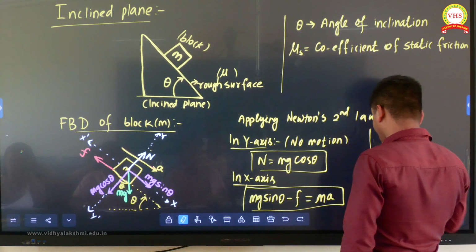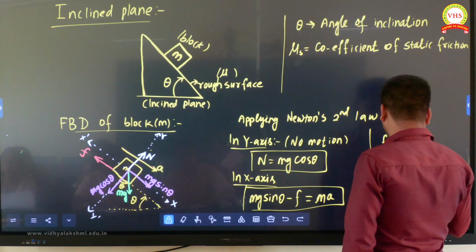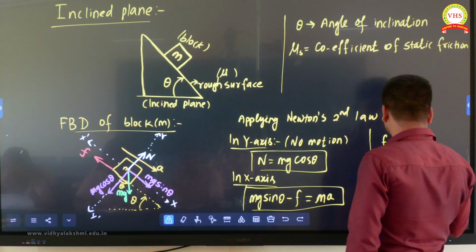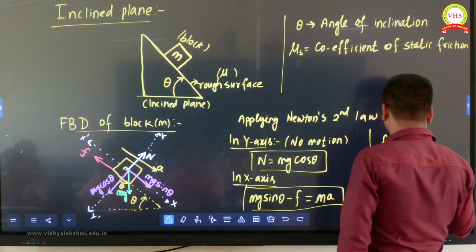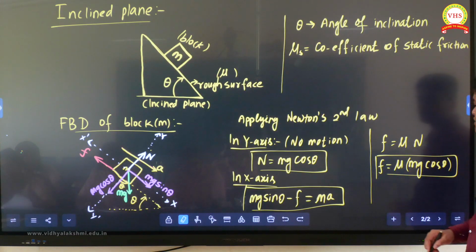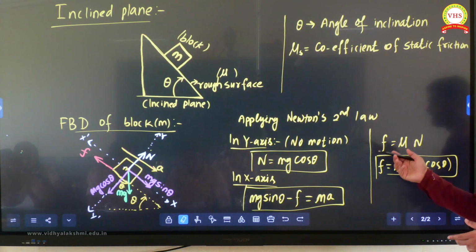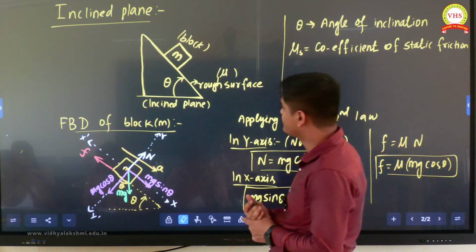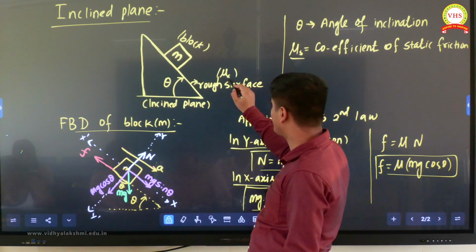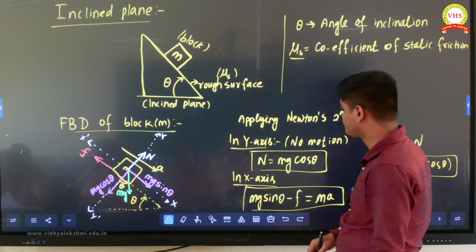Now I can write here mu into N, and N value is mg cos theta. So friction value I can get as mu mg cos theta. Yes or no? This friction you can take as static friction, mu s mg cos theta.